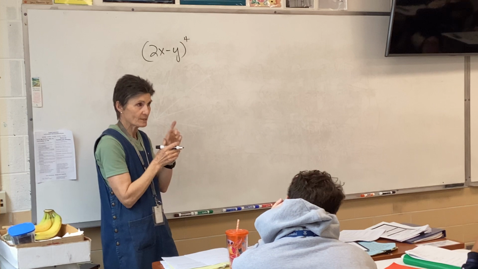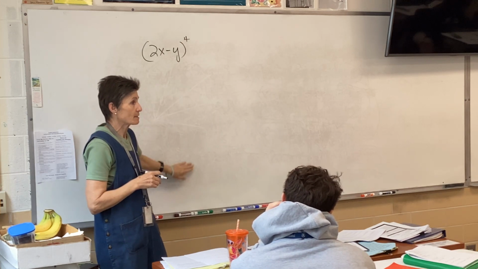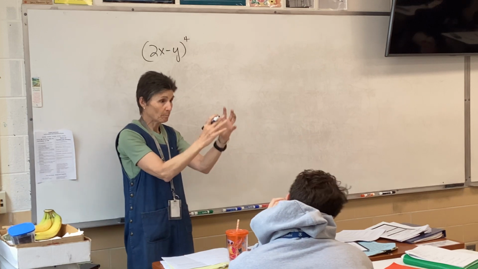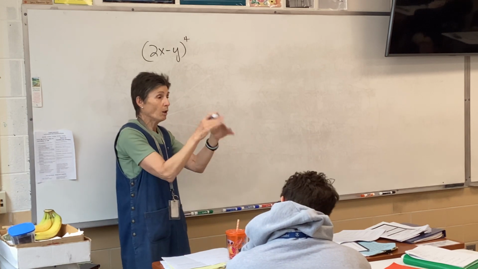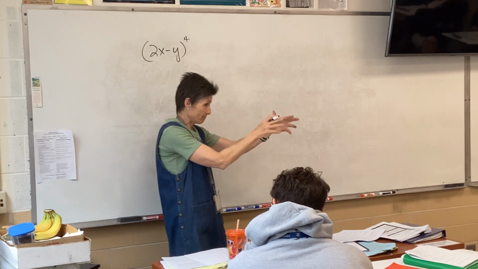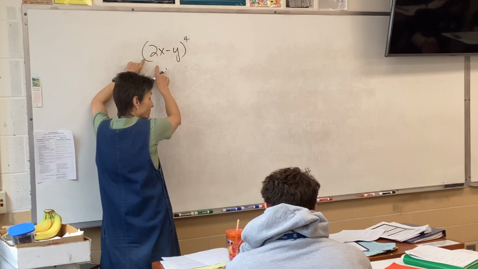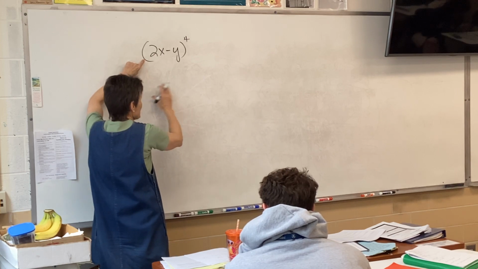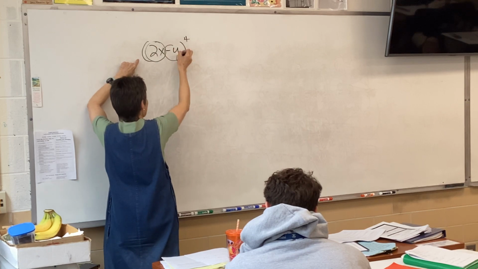Okay? Here's the difference. In the stuff I just erased, my binomial was a plain x and a plain y, so all of my terms had a plain x and a plain y. This one, every term is going to have a 2x and a negative y.